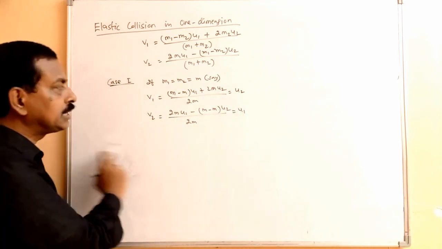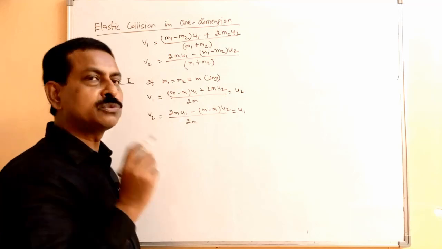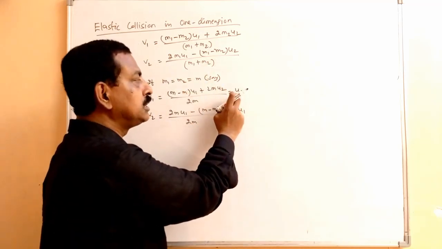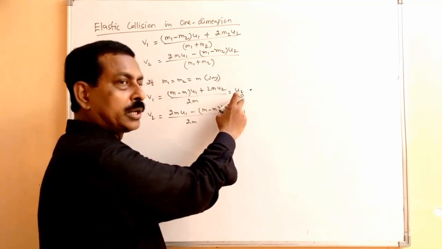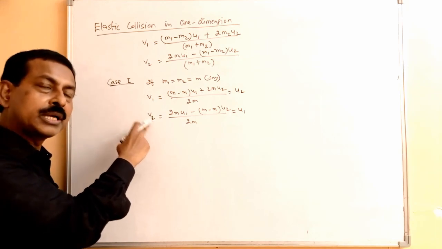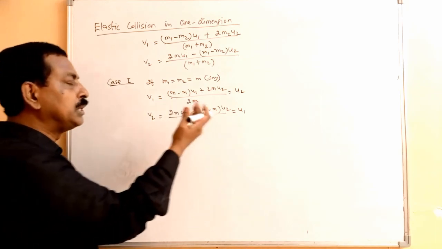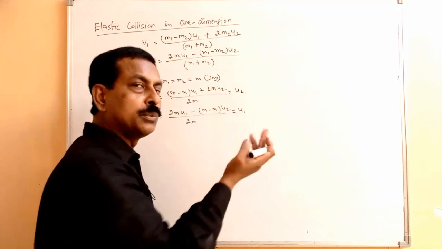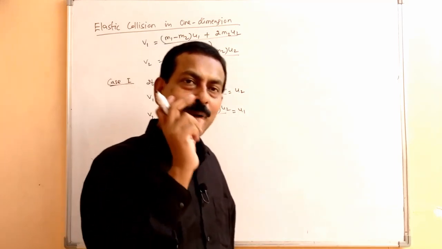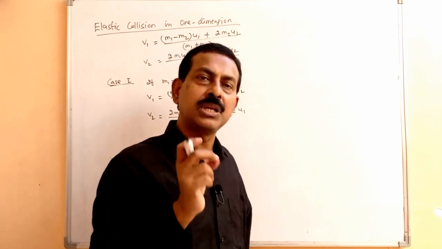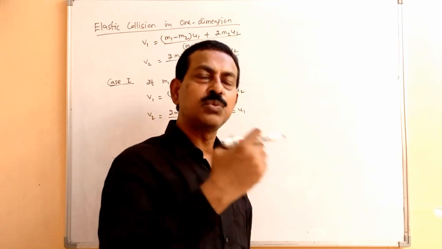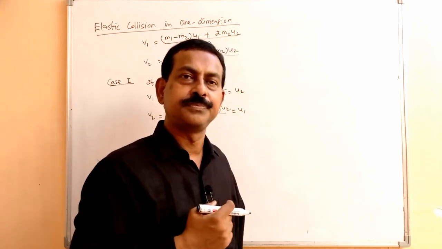So v1 is u2, meaning the velocity of the first body after collision is the same as the velocity of the second body before collision, and the velocity of the second body after collision is equal to the velocity of the first body before collision. That means if two identical bodies make a one-dimensional elastic collision, their velocities are simply exchanged.